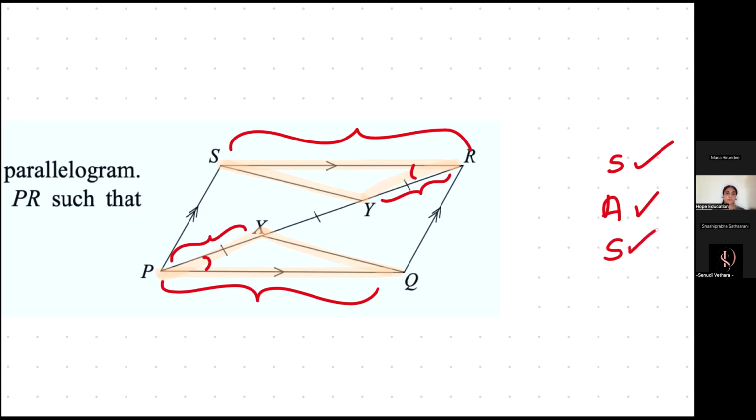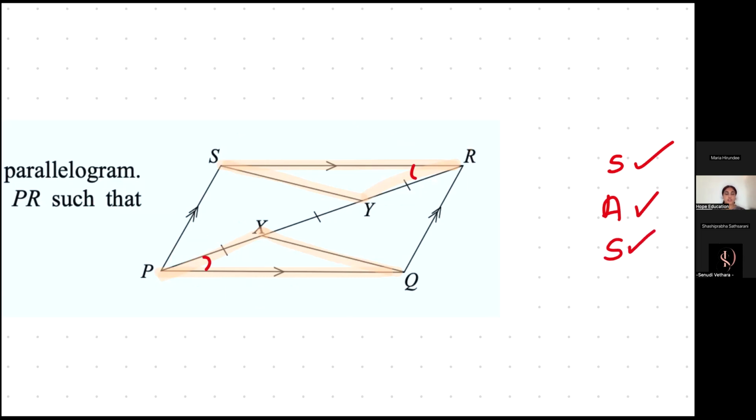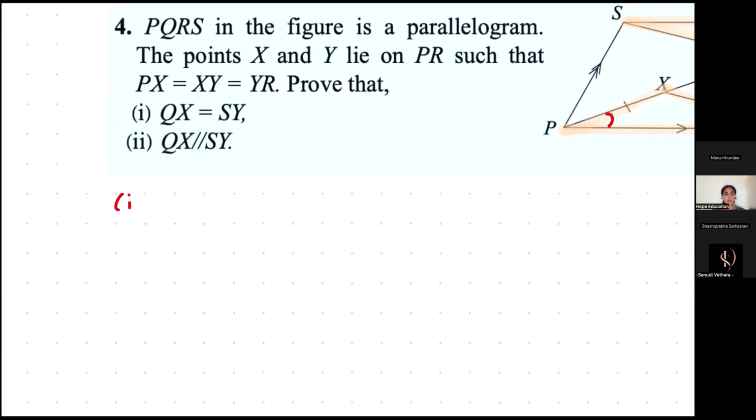Okay. So now it's just a matter of writing. So we'll write it. Triangle PXQ and SYR.